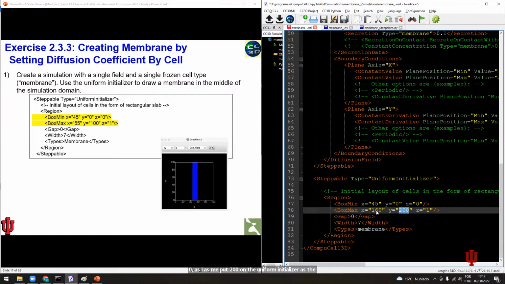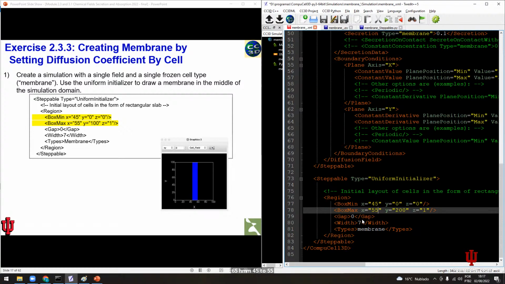Okay. And 55, 45 to 55 in the x coordinate.